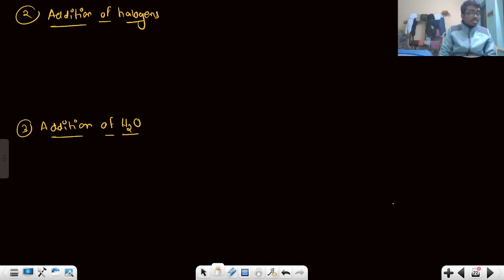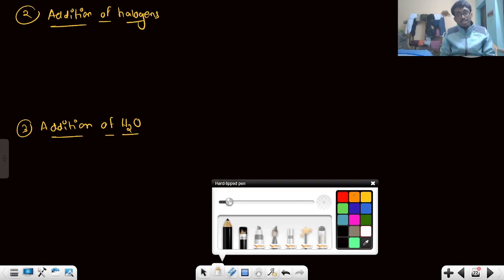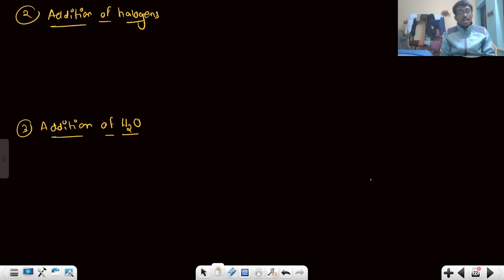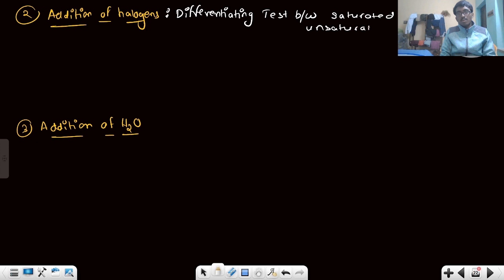Addition of halogens. This addition of halogen is a distinguishing test between unsaturated compounds and saturated compounds. So please note down, differentiating test between saturated and unsaturated compound.